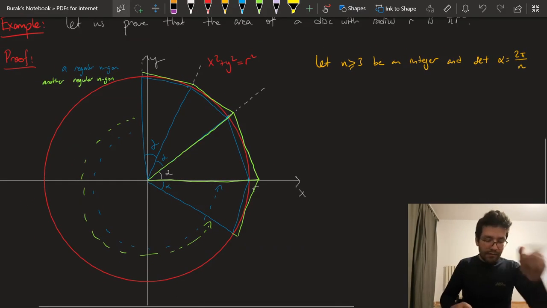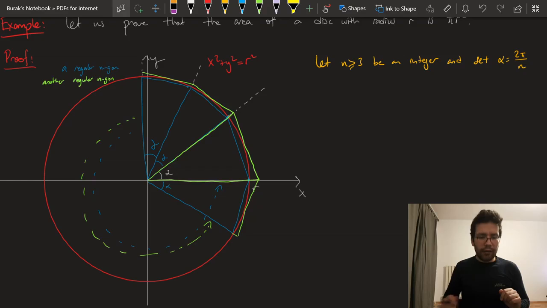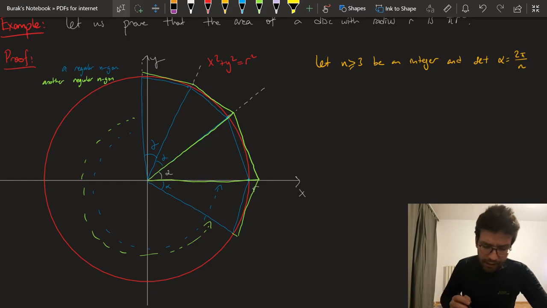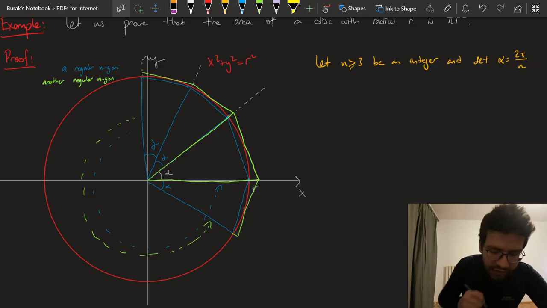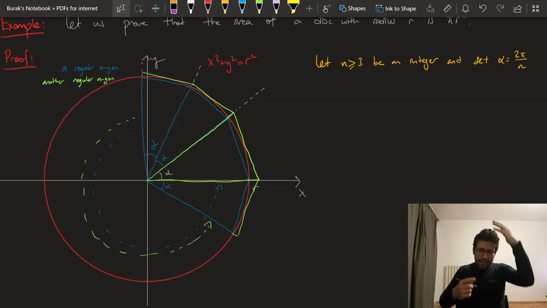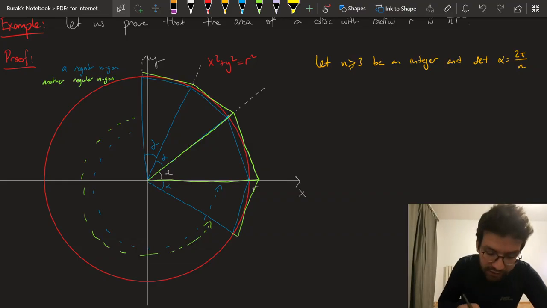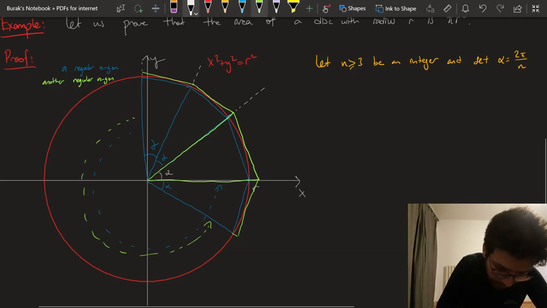Now, from the last assumption that I made about the notion of area, or rather using all the assumptions that I made about the notion of area, you can write the following down.